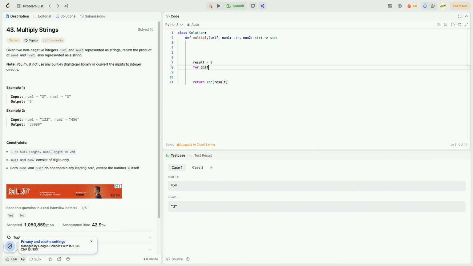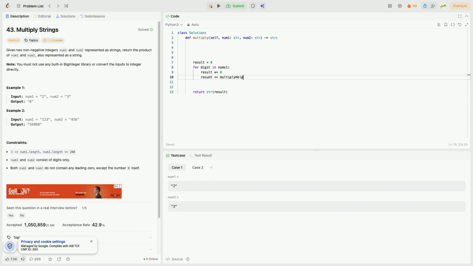So we're going to iterate over all of the digits in num1, that's our first number. And we're always going to right shift our result by 10. Then we're just going to add the integer. Well, we need a little multiply helper, right?